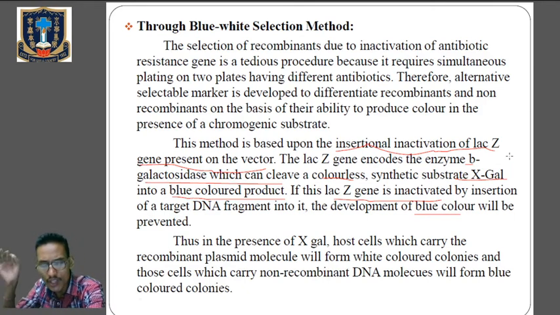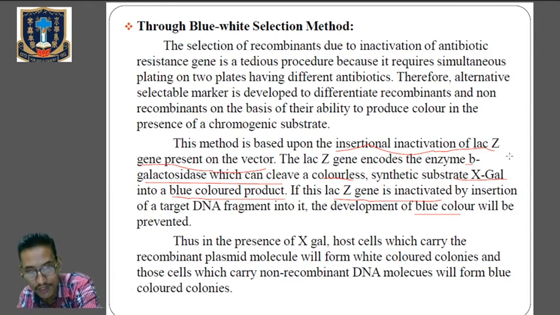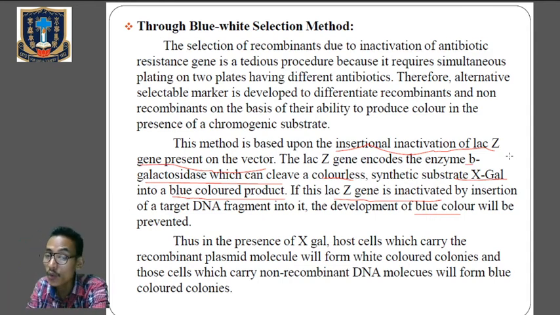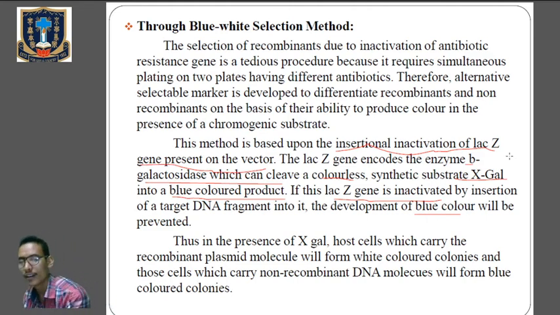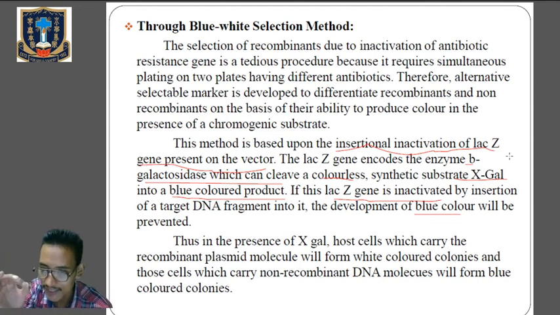Okay, so in the presence of X-gal, host cells which carry the recombinant plasmid molecule will form white colored colonies, and those cells which carry the non-recombinant DNA molecule will form which color colony? Blue colored colony. So depending on the color imparted, we can simply differentiate between the recombinant and the non-recombinant one.